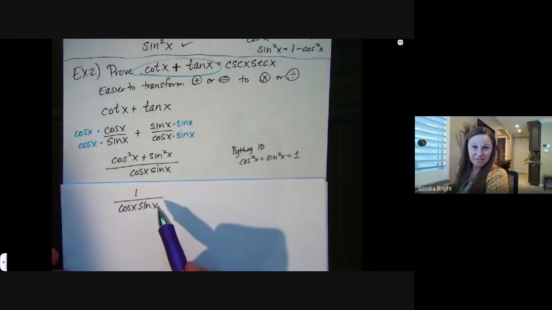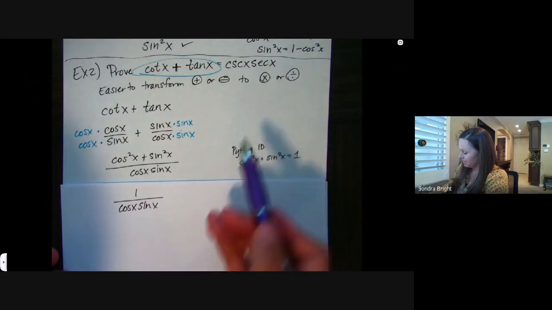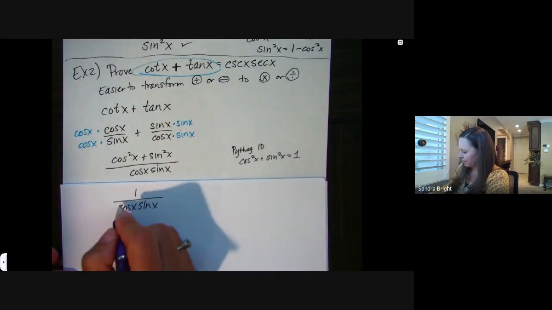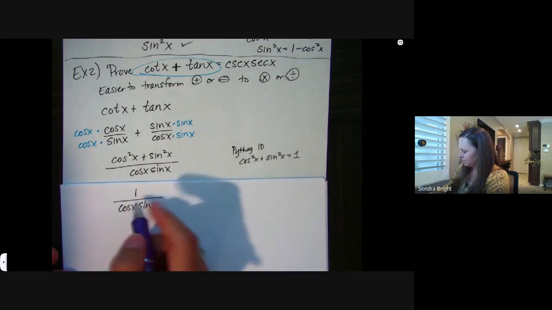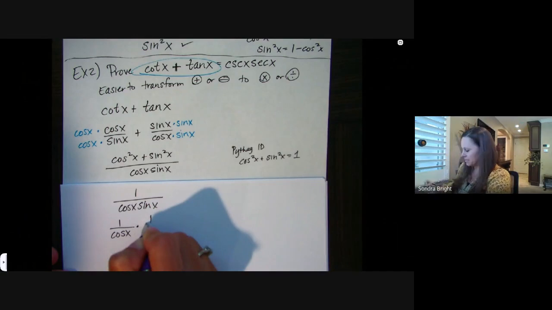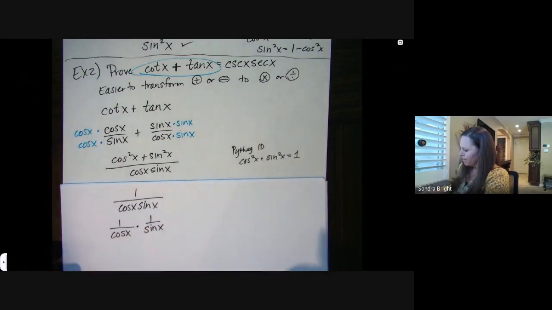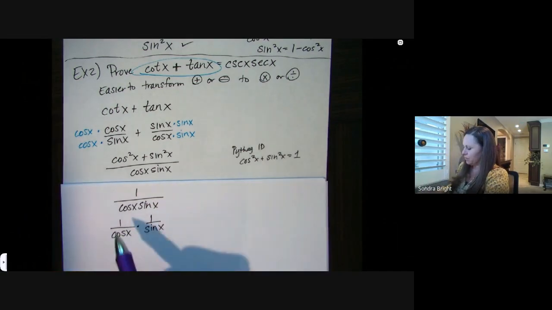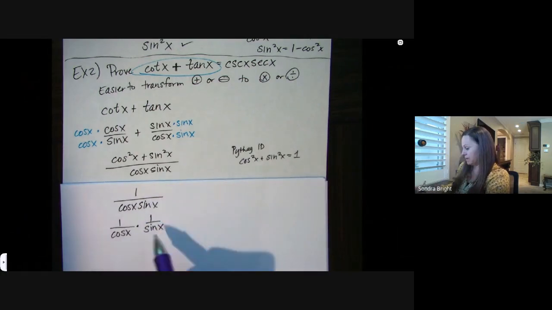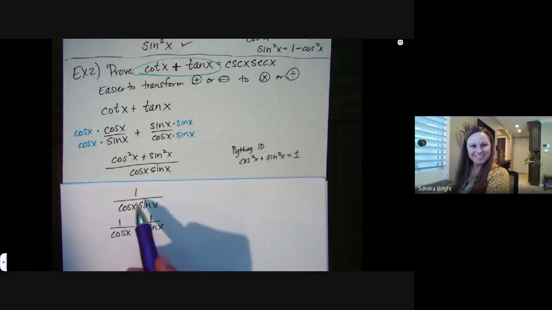You actually have it, right? I'll show you. Do you remember that when you multiply fractions together, you multiply top times top and bottom times bottom? So I'll show this step, not that it's necessary, but do you see that if you were to multiply these two fractions together, 1 times 1 would give you 1, and cosine times sine would give you cosine times sine. And what's 1 over cosine?